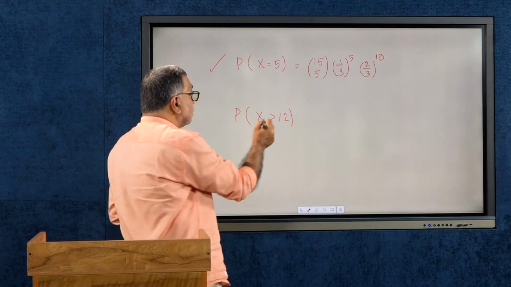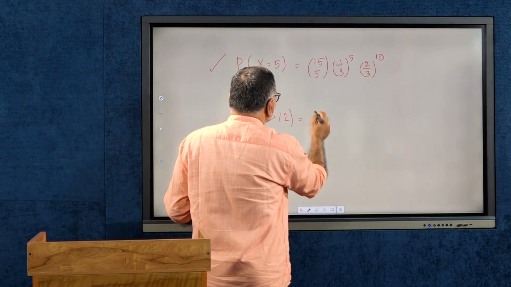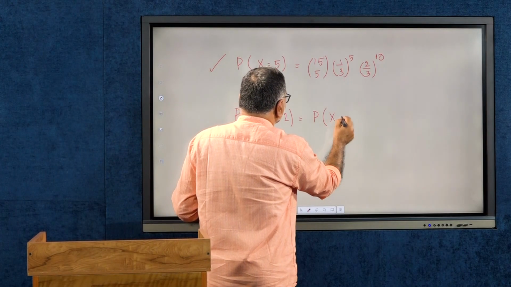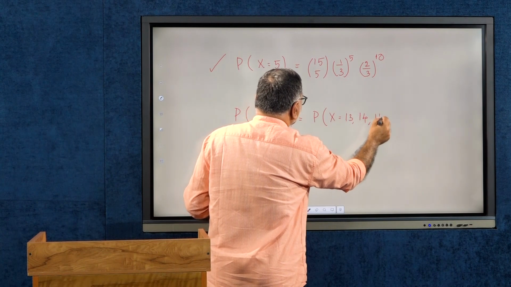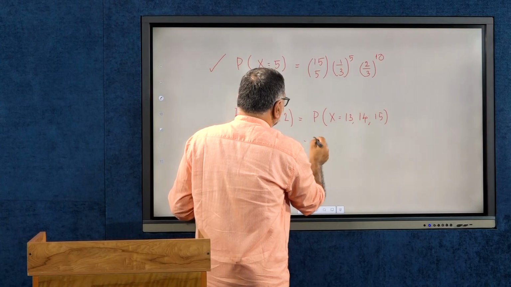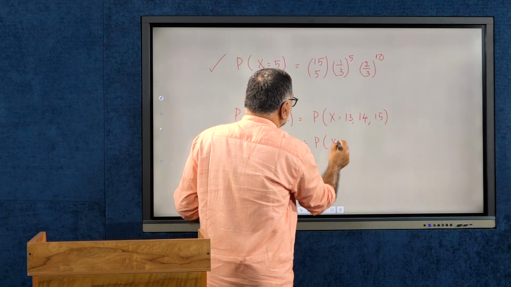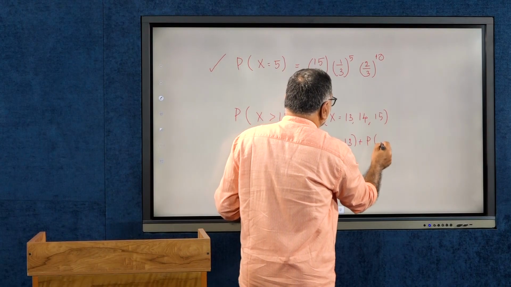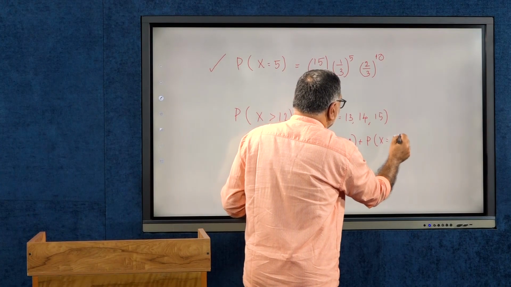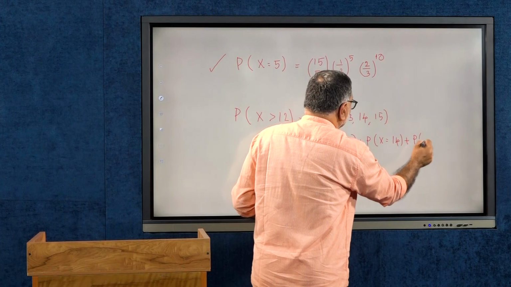And X greater than 12, this is probability of X is equal to 13, 14 or 15. That is probability of X equal to 13 plus probability of X equal to 14 plus probability of X equal to 15.